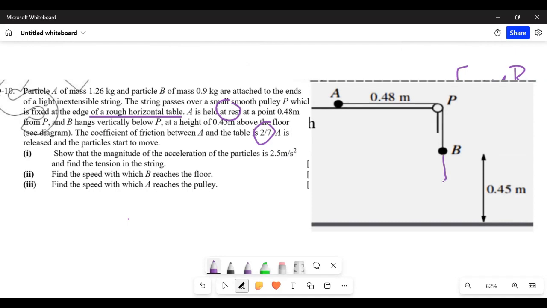There's going to be a downward weight, which is going to be mass times 10, the gravitational acceleration.